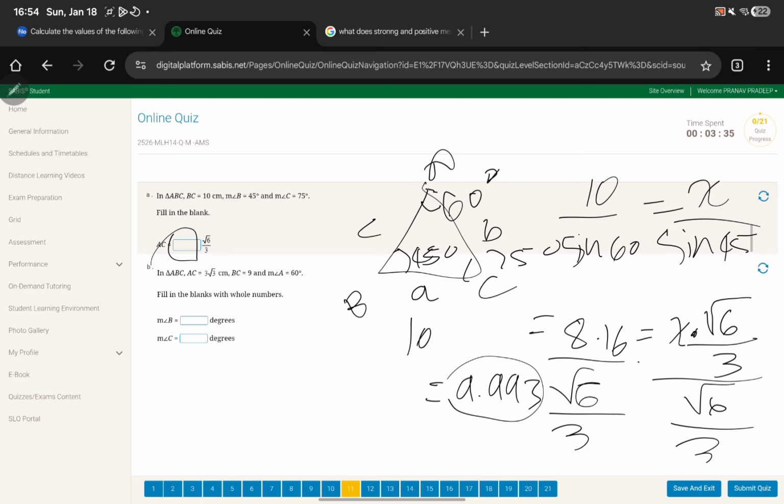But if you want to avoid this number, you take the answer and divide it straight. So let's try doing that. 10 over sine 60 equals x over sine 45. Shift solve. Then what's wrong?